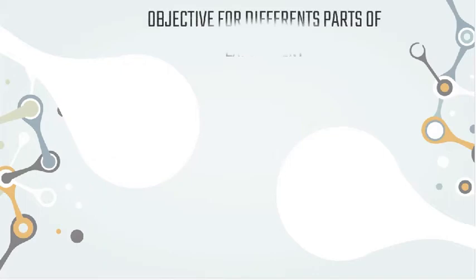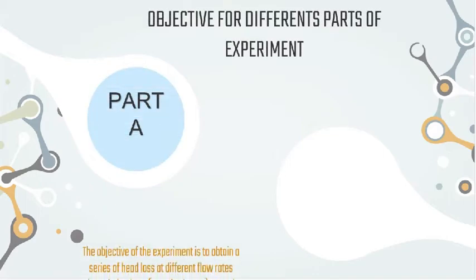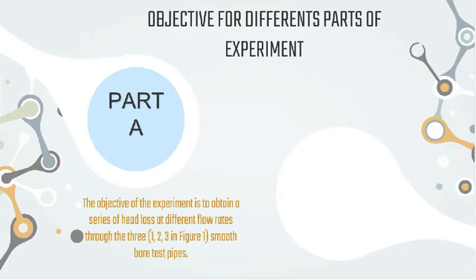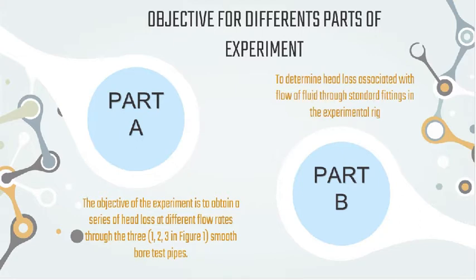For section A, the objective is to measure a series of head losses at different flow rates in the 3 smooth bore test pipes. For part B, the objective is to determine the head loss associated with the flow of fluid through standard fittings in the experimental rig.